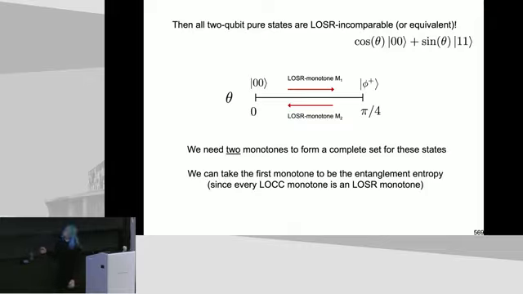So the monotones here, there's like a singular point here where they need to assign a lower value than they do for all of the other points on this line. Yeah, so this a bit more carefully stated. All entangled 2-qubit pure states are LOSR incomparable or equivalent. Is that your question as well? Yeah, thank you.